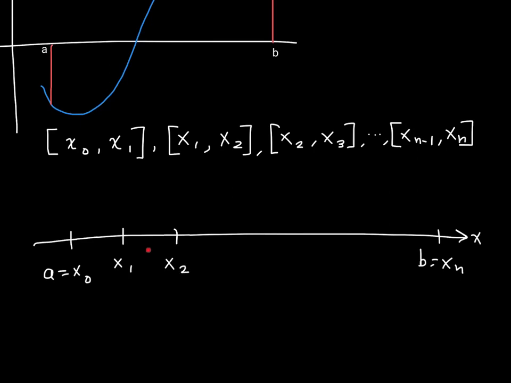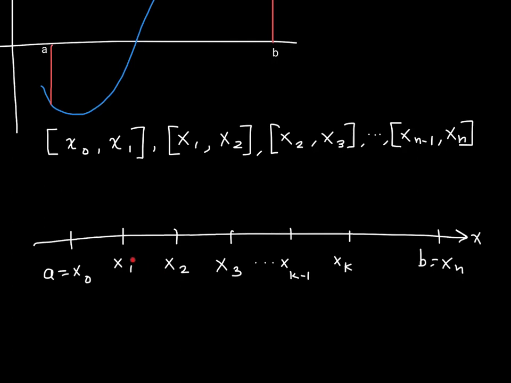Right, so this is our second subinterval. Our third subinterval will be from x sub 2 to x sub 3, and so forth. Our kth subinterval will be x sub k minus 1 to x sub k.